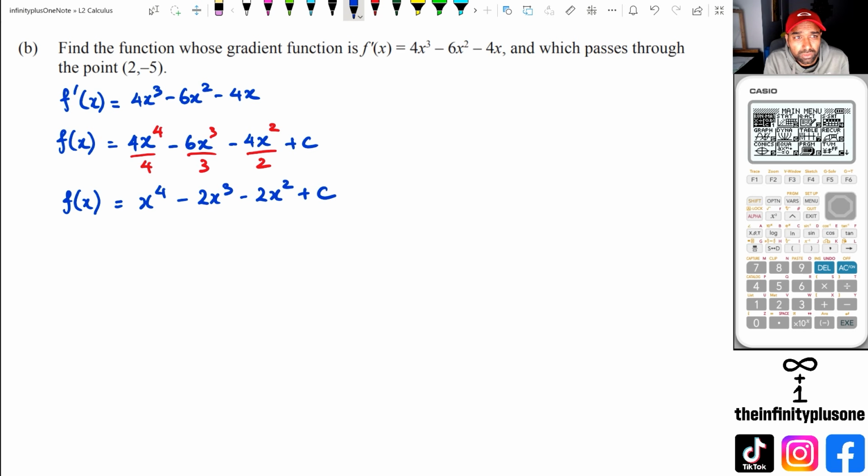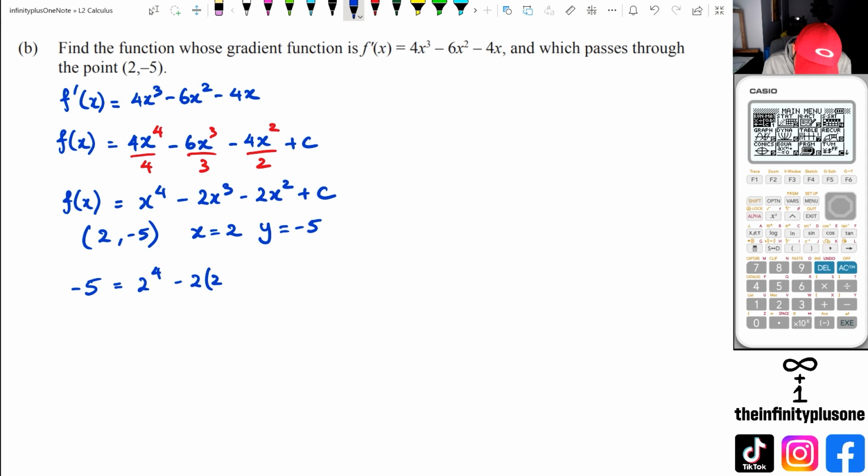Now we need to figure out the actual function, so we've got to figure out the c value. And the way we're going to do it is by using the 2, negative 5, because remember that 2, negative 5 basically means that when x is equal to 2, y is equal to minus 5. So we've got minus 5 is equal to 2 to the power of 4 minus 2 times 2 to the power of 3 minus 2 times 2 squared plus c.